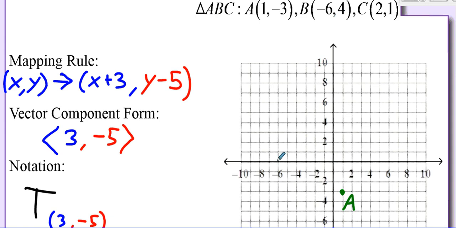So left 6, up 4. Put the point, label it B. And then C is 2, 1. And label it C. It does say that's a triangle, so go ahead and draw that like a triangle.